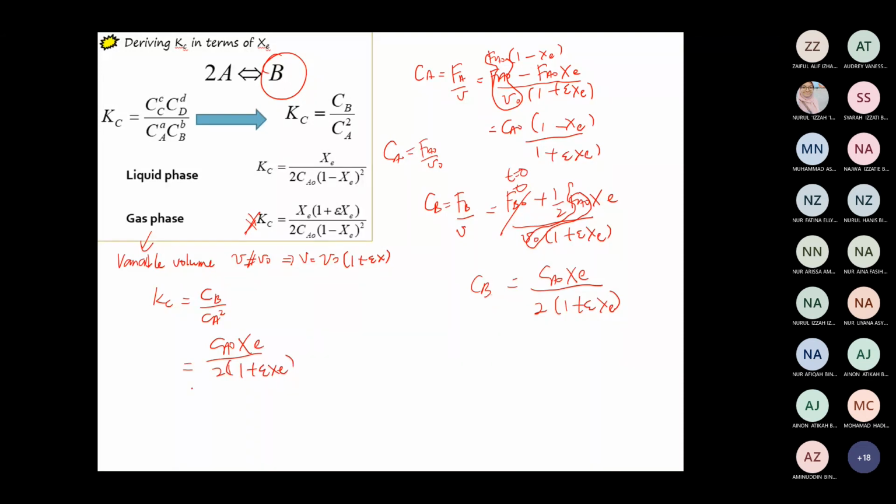Okay, ni untuk CB over with the CA this one which is CA naught. Jadi kena kuasa 2, which is 1 minus XE, alright, 1 plus epsilon XE, kuasa 2. Okay, so bila you simplify, you akan dapat this one.